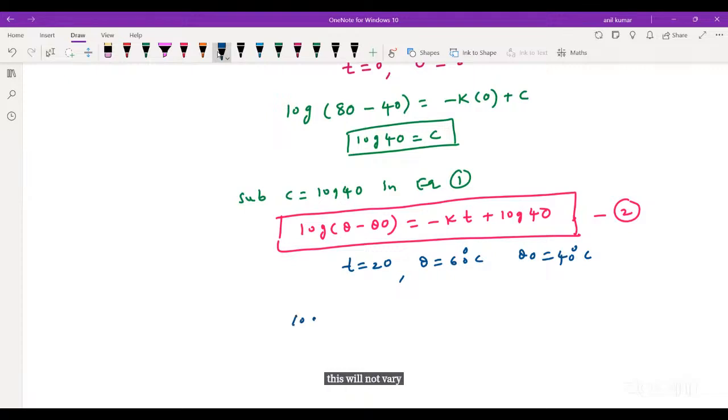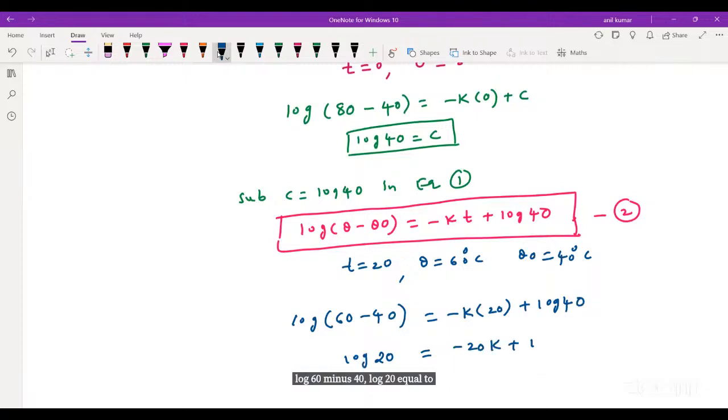Log 60 minus 40 equals minus K into 20 plus log 40. So log 20 equals minus 20K plus log 40.